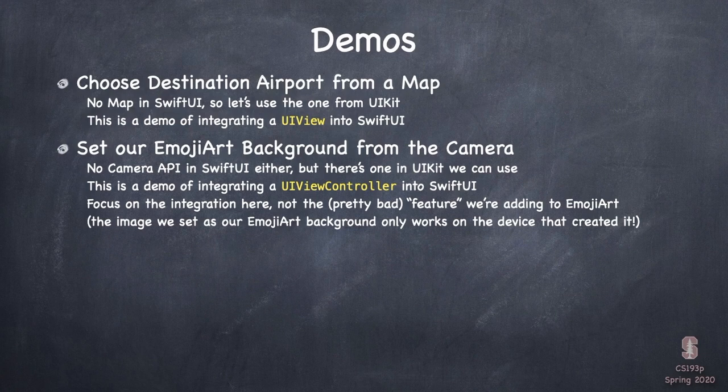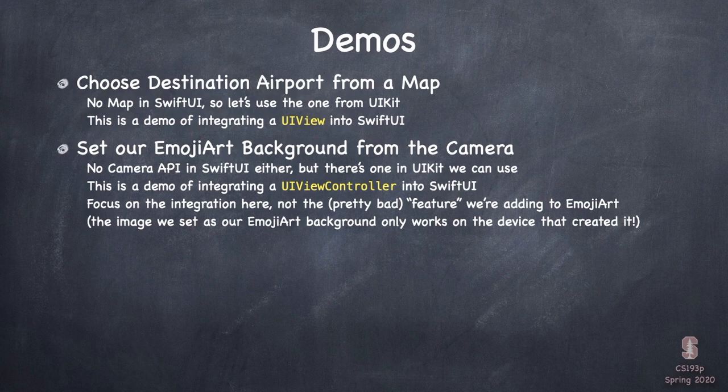You would probably want to put the image itself, the actual JPEG or whatever image data, into your EmojiArt model, right? Store it there, so that if you took that EmojiArt document someday and you moved it to another device, it would actually work. Whereas the solution we have, where we just drop it in the file system and grab a URL to it, it's obviously pointing to something that's in the sandbox of this app. It's kind of bogus.